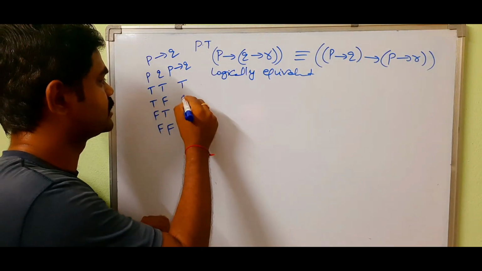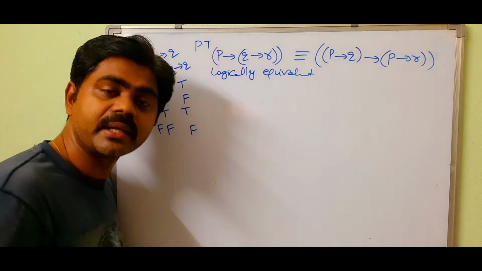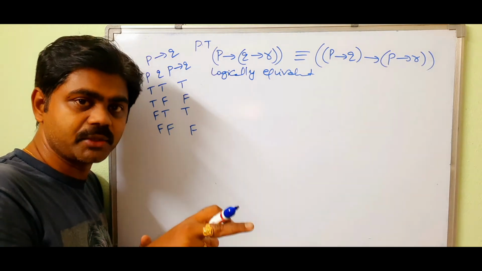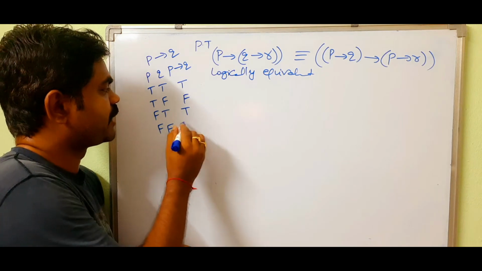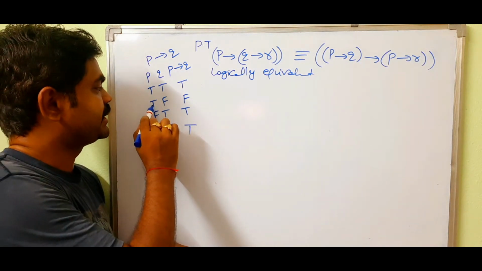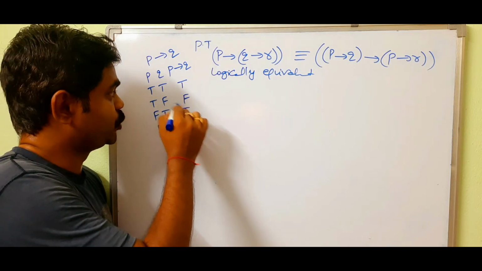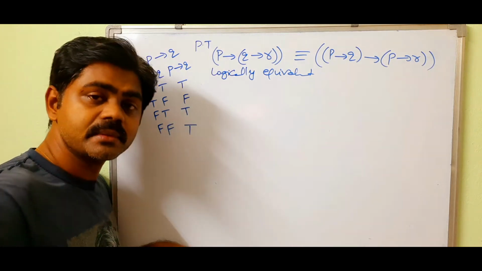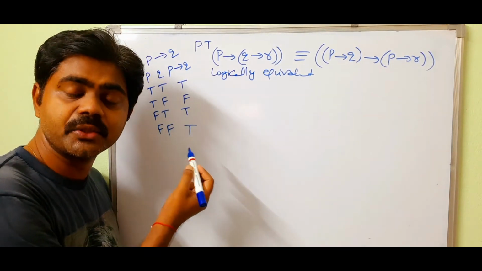True, false, false, false, true, true. Okay. So that means P implies Q. For false, false I will get true. Okay. And here true, false I will write the Q value. False, true I will write the Q value. Okay.